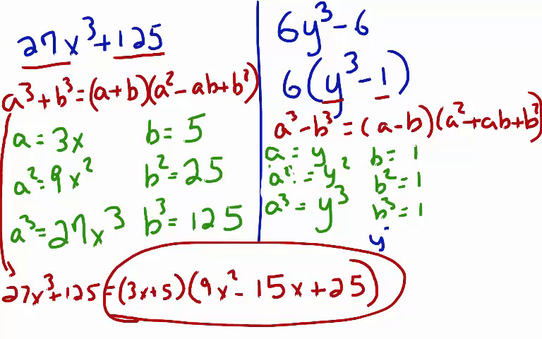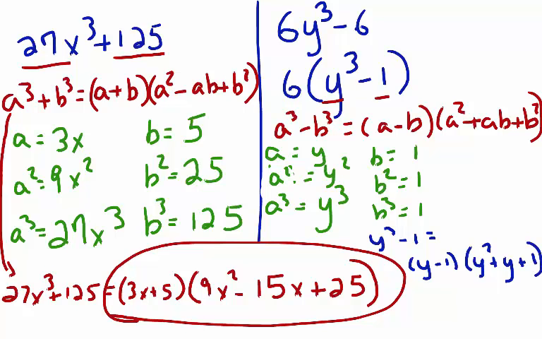Y cubed minus 1 equals y minus 1 times y squared plus, and here we have 1 times y, I'll just write y, plus b squared, which is 1.